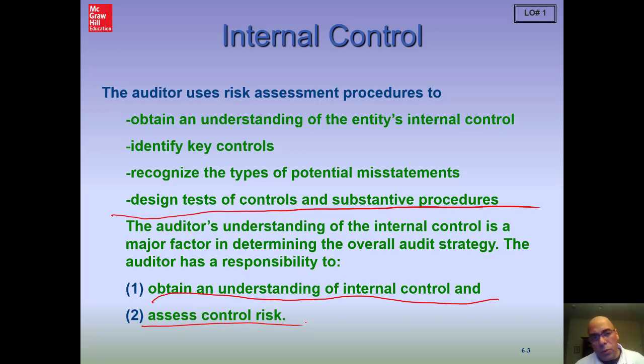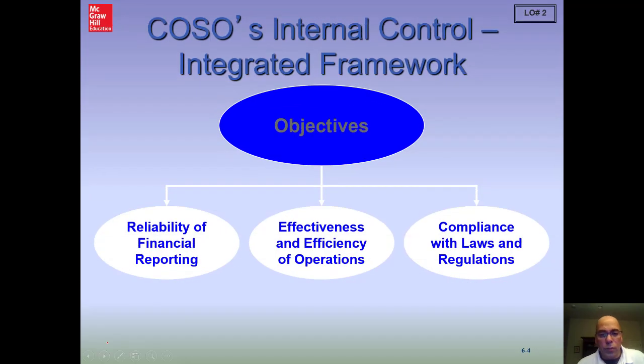That assessment of the risk of material misstatement will determine whether or not we're going to test the operating effectiveness of the internal controls, or are we going to take a purely substantive approach and go directly to our substantive testing. If this sounds familiar, these are some things that we talked about in some of the earlier chapters.